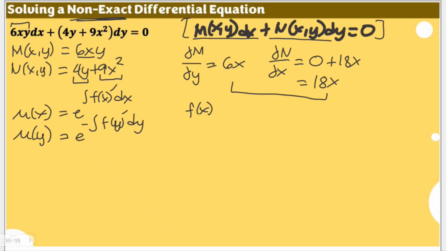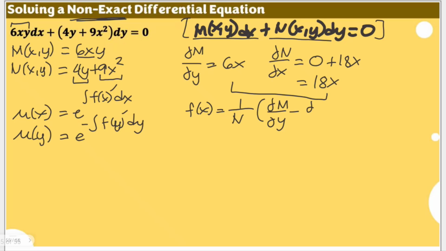If this is possible, then we'll be using mu of x as an integrating factor. Now, we would like to emphasize that f of x is possible once we could reach a function that will only contain the variable x, given this formula: 1 over N times the difference of the partial derivatives.